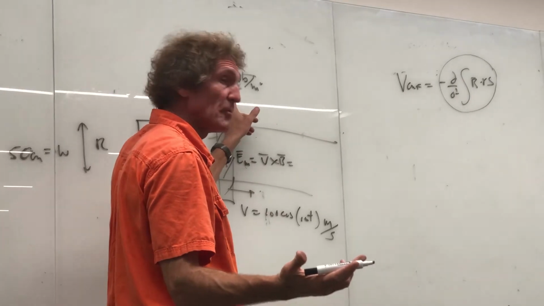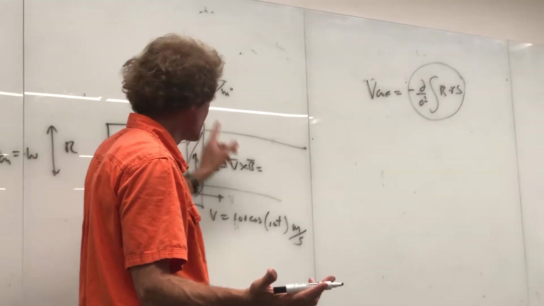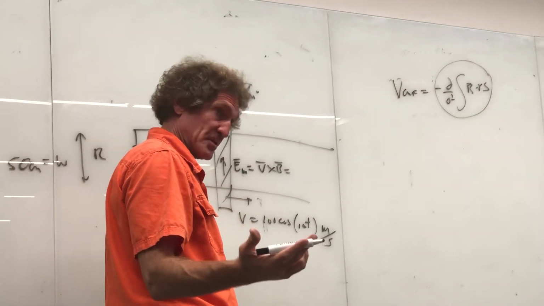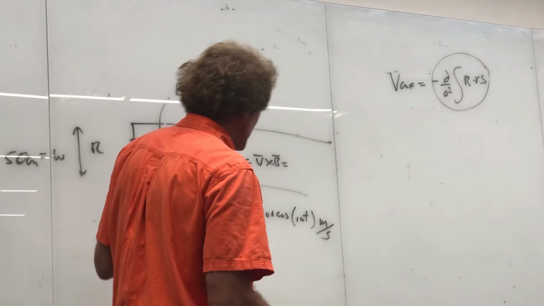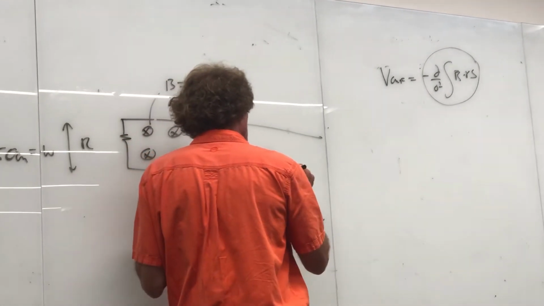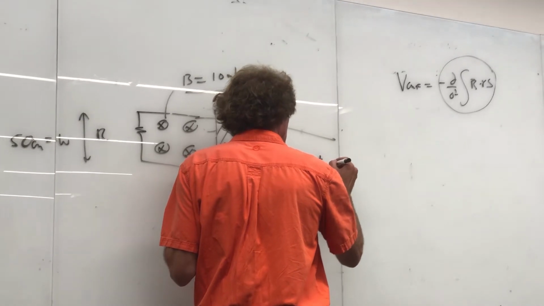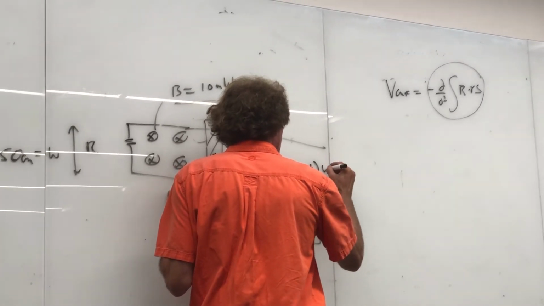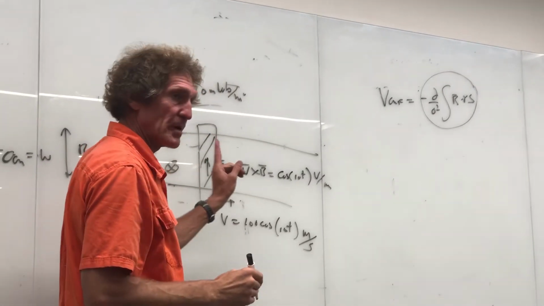Because this is 10 milliwebers, 10 times 10 to the minus 3 is 10 to the minus 2, times 10 to the 2 is just 1, correct? It's 1 cosine of 10t, so this E field would be just cosine of 10t, in volts per meter, because I took V cross B, and it's in this direction.